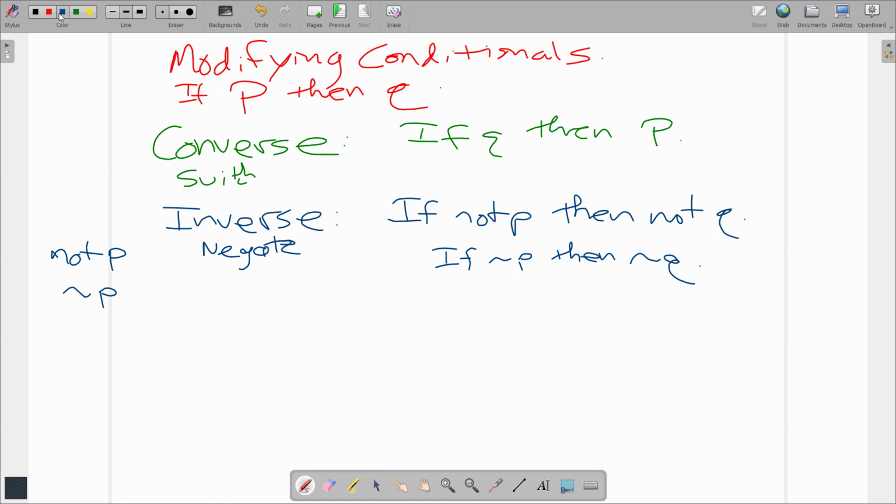And then there's a very interesting one called a contrapositive. And contrapositive means switch and negate.